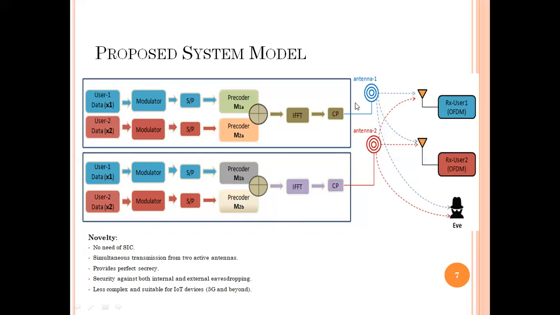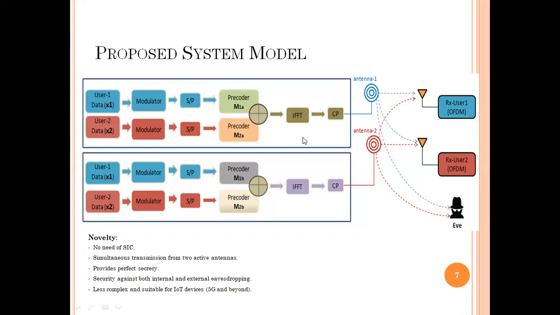This transmission is performed simultaneously from the two antennas. That means we have these specifically designed precoder matrices superimposed with user 1 and user 2, which results in automatic interference cancellation.